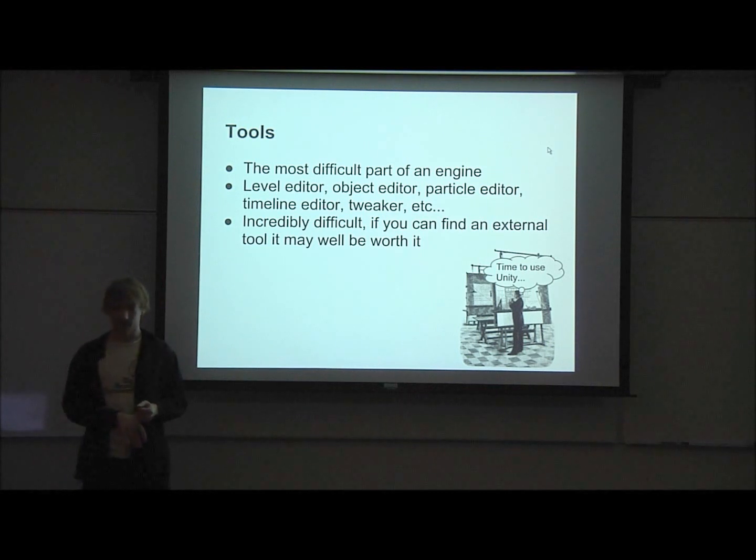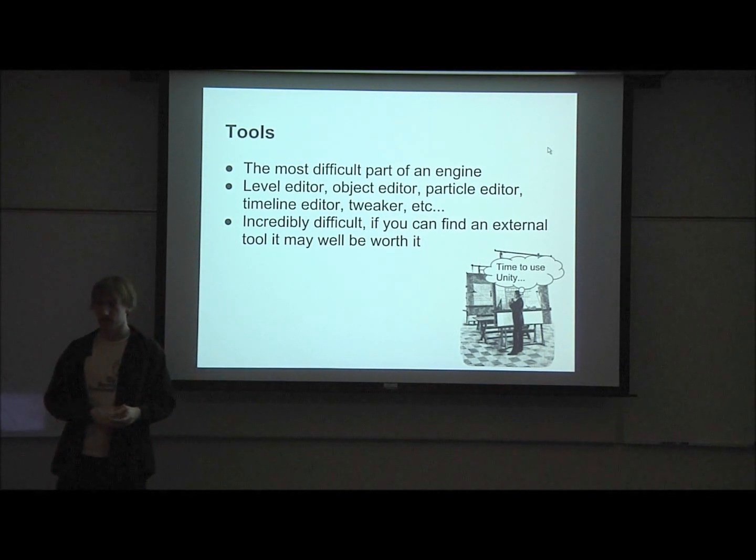I know there are teams at DigiPen who have one programmer dedicated to this for the entire year, and they still hate their tools at the end. This is one of the primary reasons why you might consider using a professionally made, pre-made middleware engine. Of course, we don't have that option at DigiPen, but this is a really good reason to go for that.